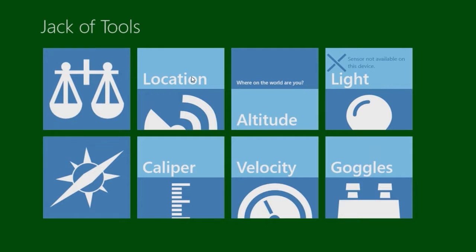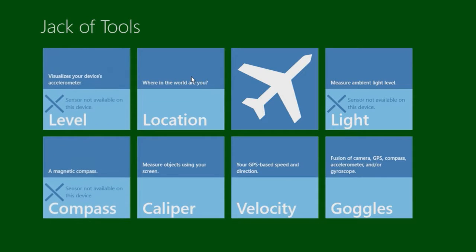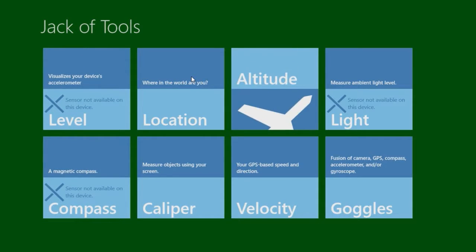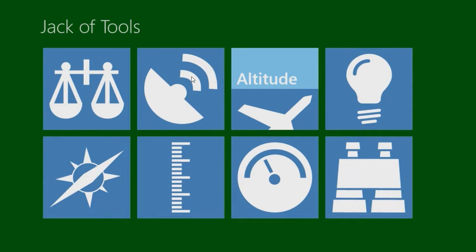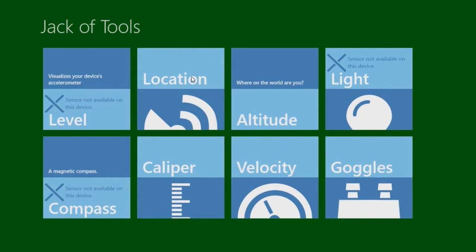You can see little X's on my screen right now because I don't have certain features on the device. This is really a nice way for a consumer to know, hey, what am I capable of doing? Believe it or not, there are some people out there who truly have asked the question, I don't know if my particular device is capable of doing certain things.